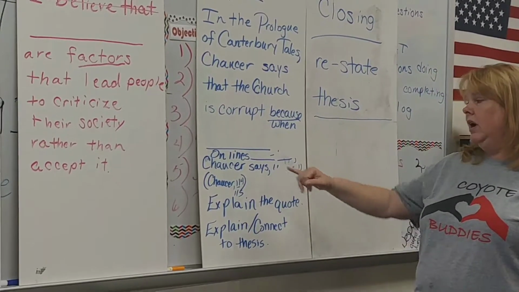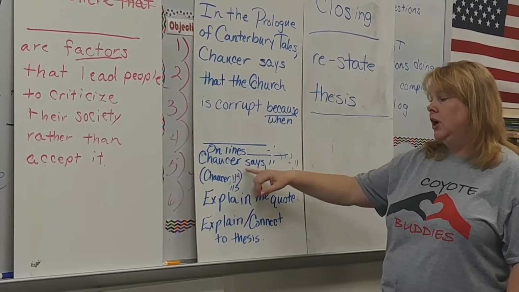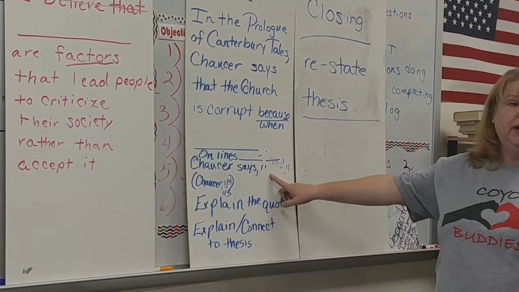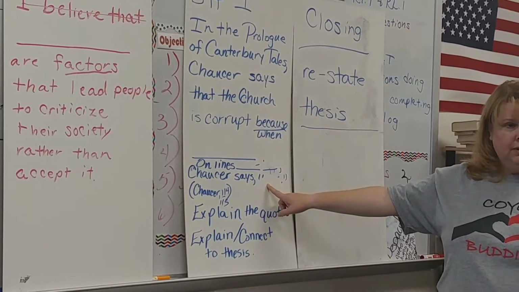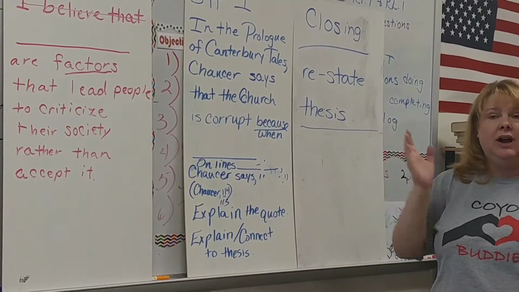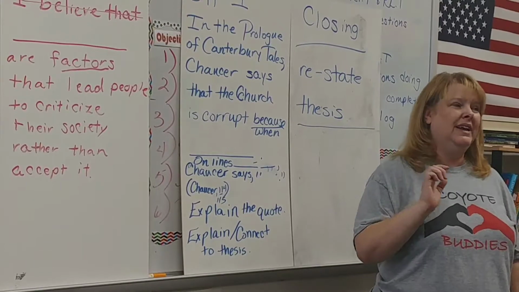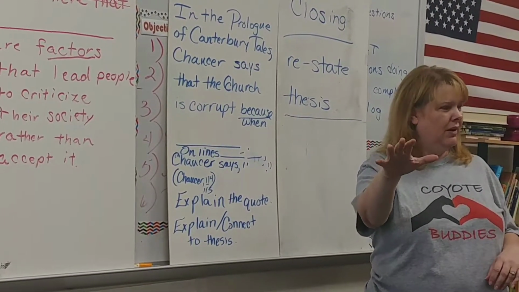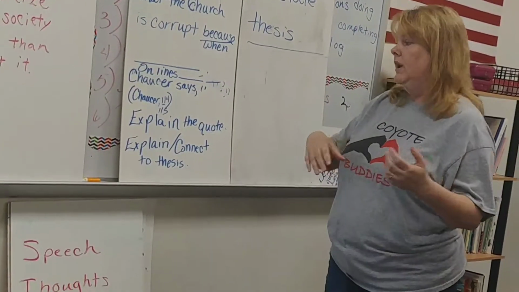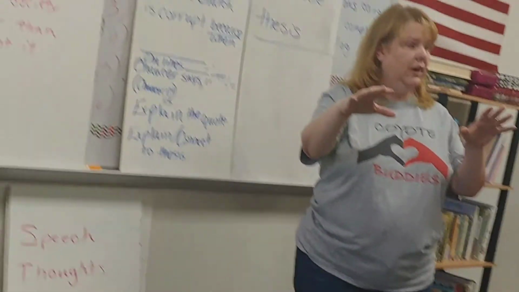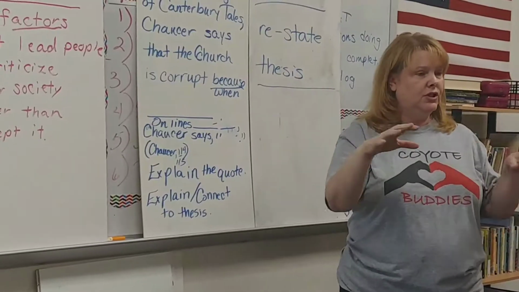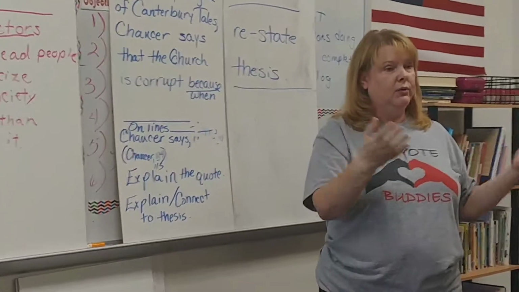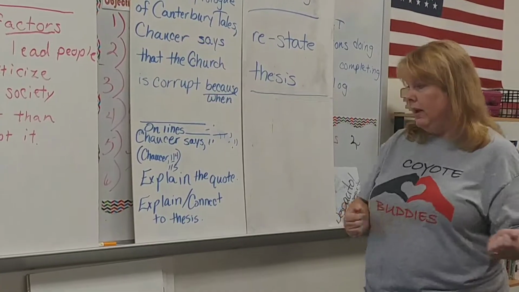So in the prologue, on lines blank through blank, Chaucer says, and you put in your quote. If you're going to cut things off, what are those three dots called that help us take one set of words and connect it to another? Ellipsis, okay, or ellipses if there's more than one. So you're going to use those to connect two different pieces that are really important to what you're trying to say, okay?